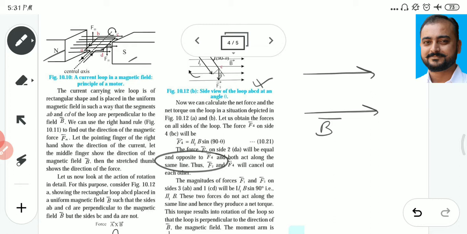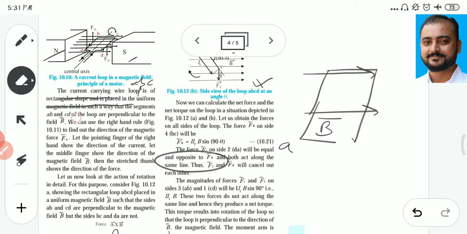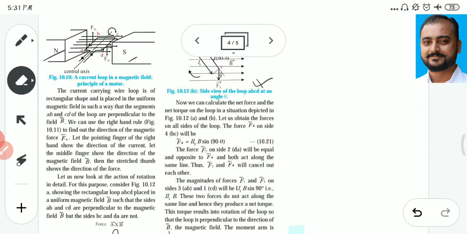in this case, we consider a wire loop ABCD, a current carrying loop. ABCD is of rectangular shape, placed in the uniform magnetic field in such a way that the segments AB and CD are perpendicular to the magnetic field.